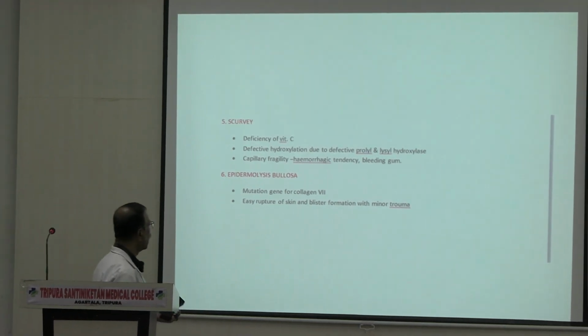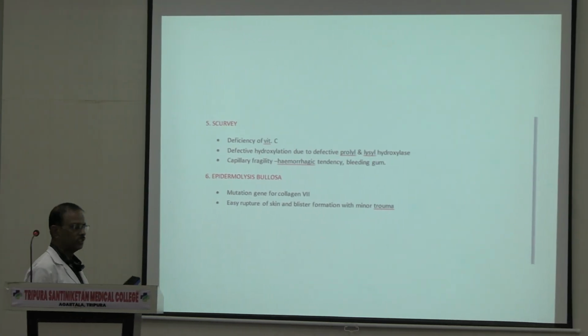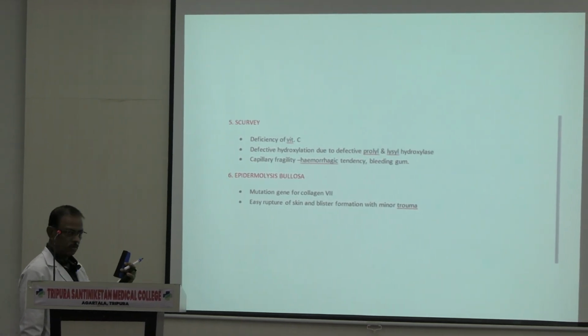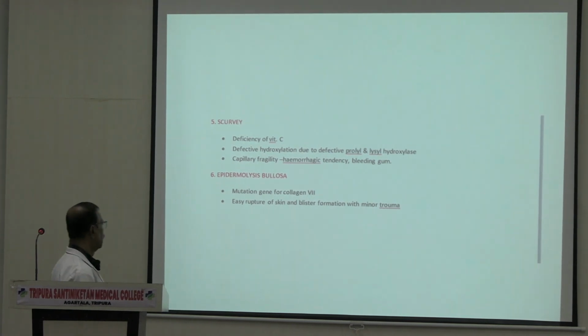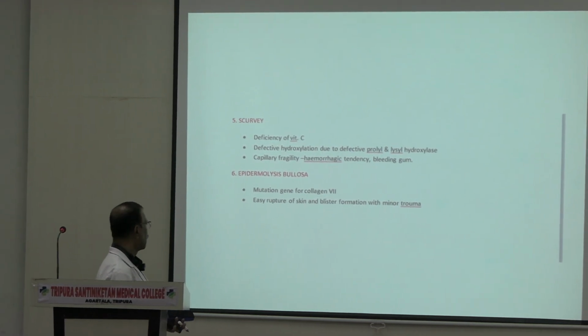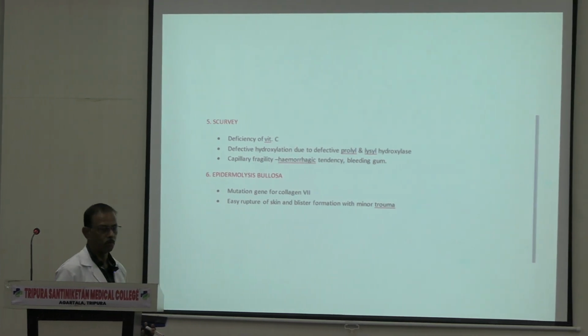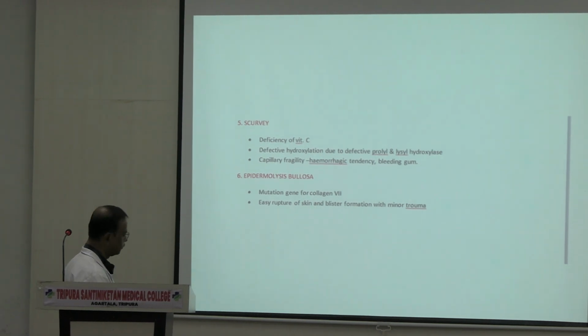Next comes epidermolysis bullosa. This is because of mutation of the collagen genes responsible for collagen 7 synthesis. There is easy rupture of skin and blister formation with minor trauma.